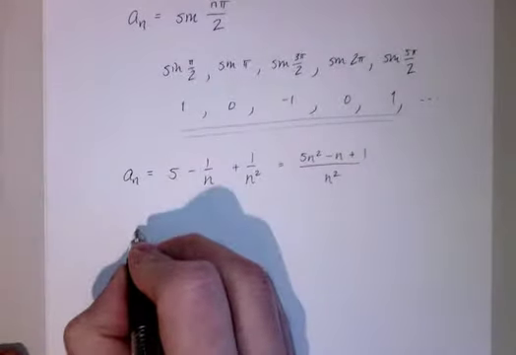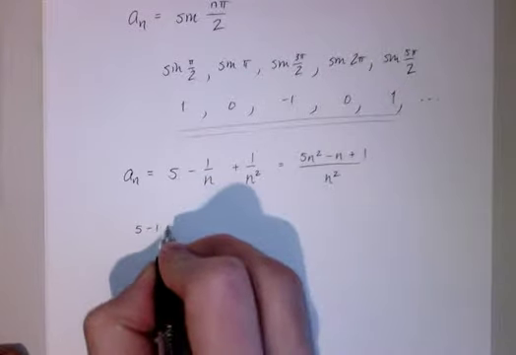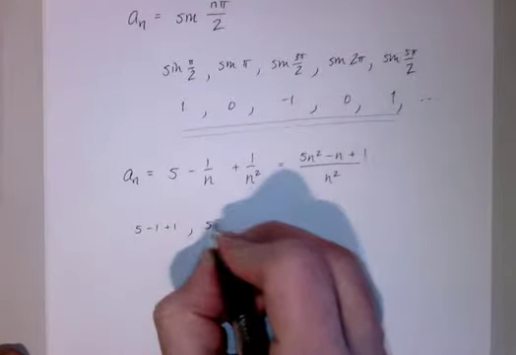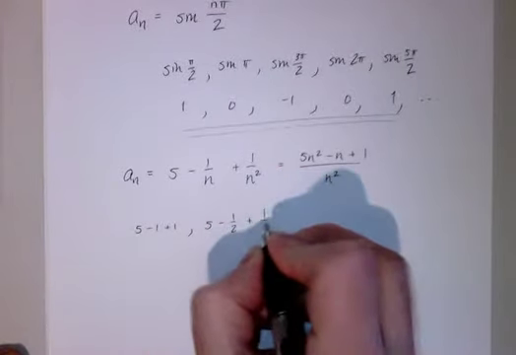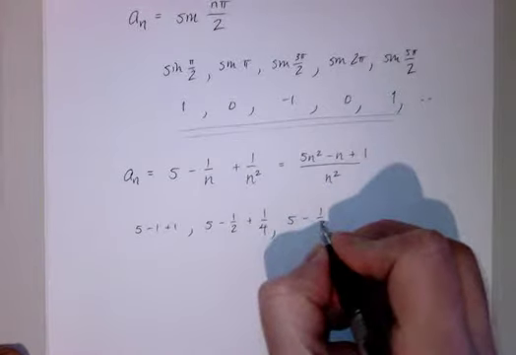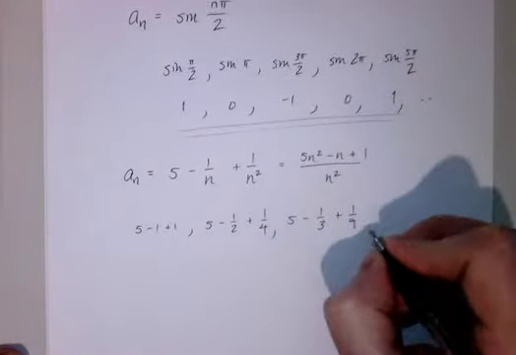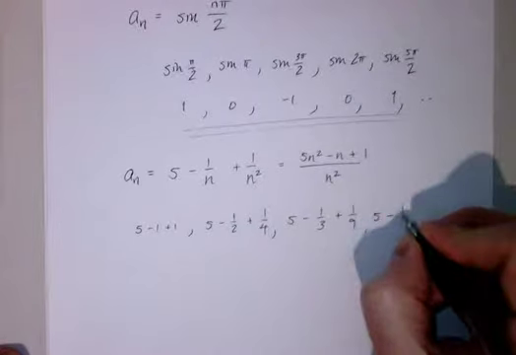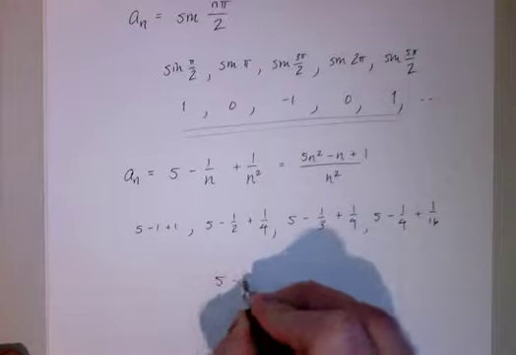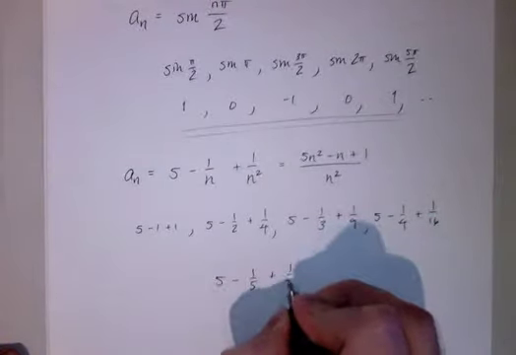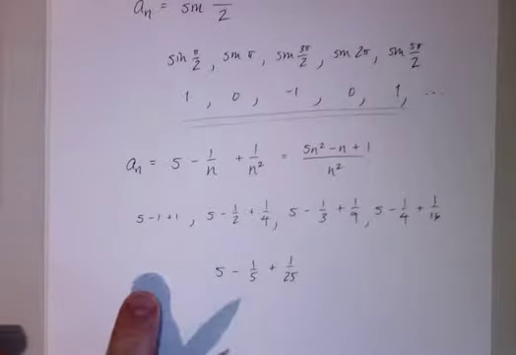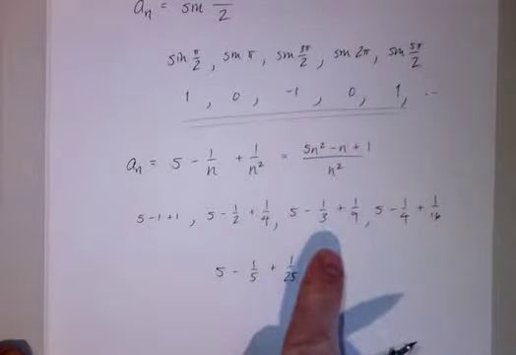If you plug in 1, you get 5 minus 1 plus 1. Plug in 2, and you get 5 minus 1/2 plus 1/4. Then 5 minus 1/3 plus 1/9, then 5 minus 1/4 plus 1/16, and then 5 minus 1/5 plus 1/25. And from here, obviously, these are all a little bit less than 5.